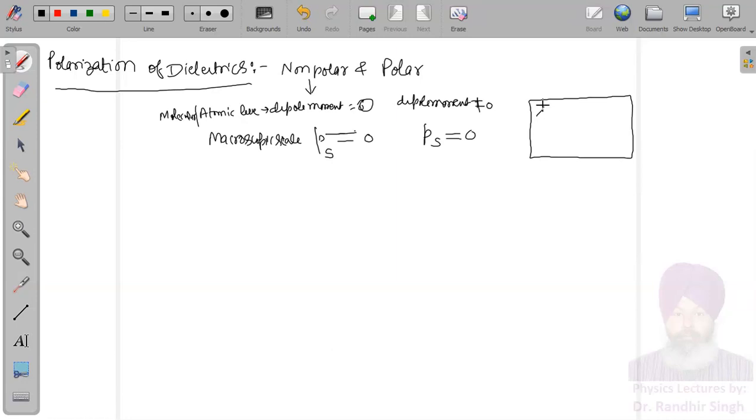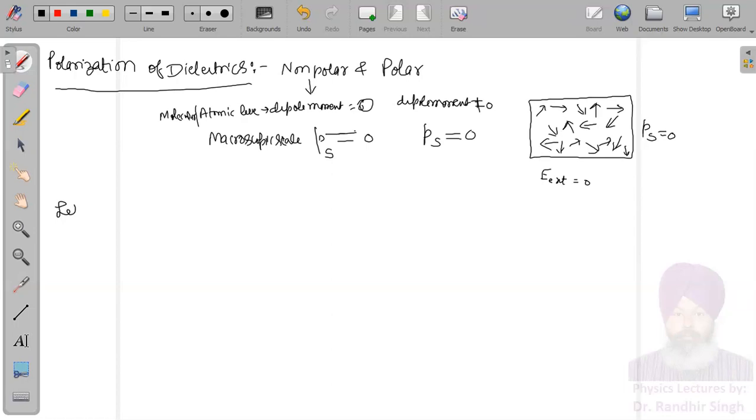So in case of polar molecule, the sample contains a large number of dipoles, and these dipoles are randomly oriented. So in the absence of external electric field, the net dipole moment of the sample is 0. So what will happen?